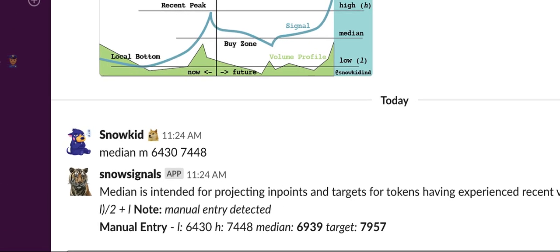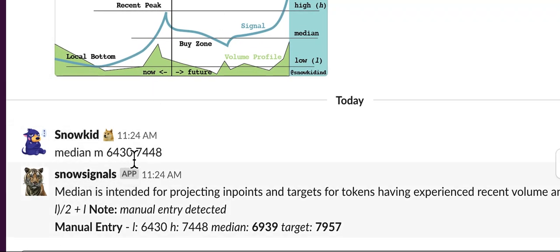We used 6430 and 7448 as our inputs, and our median was 6939, which leaves us a target of 7957 should a 50% retrace occur.